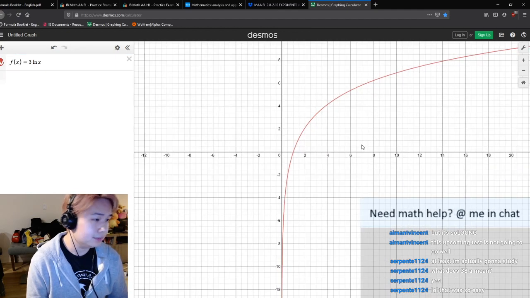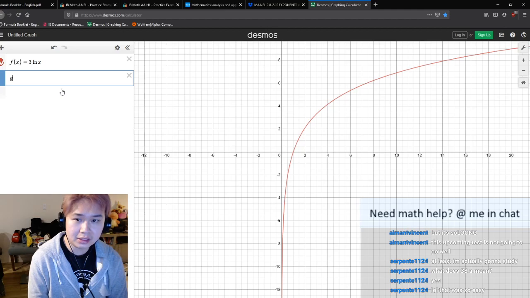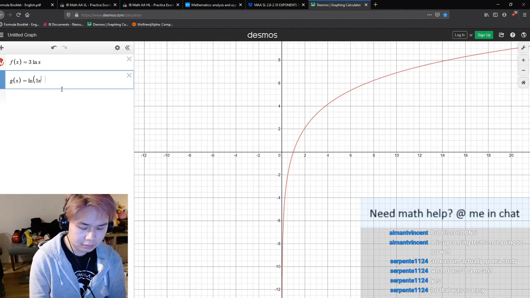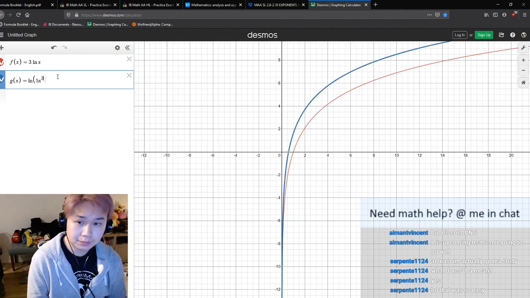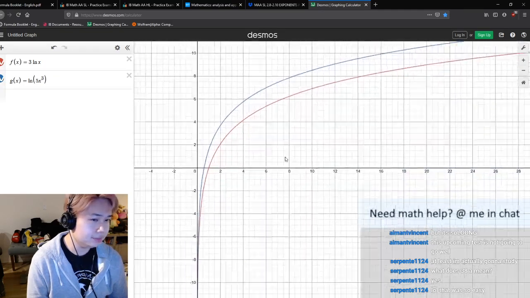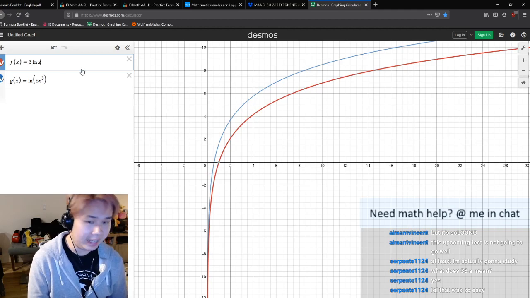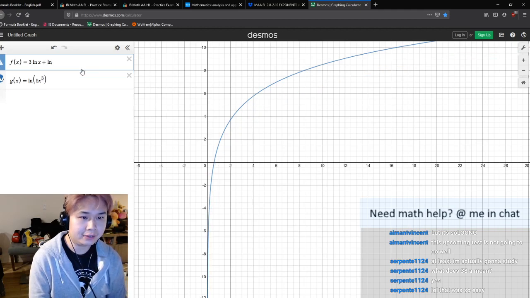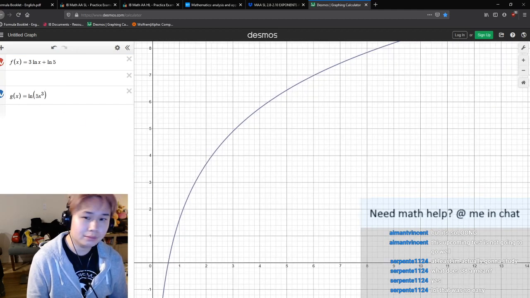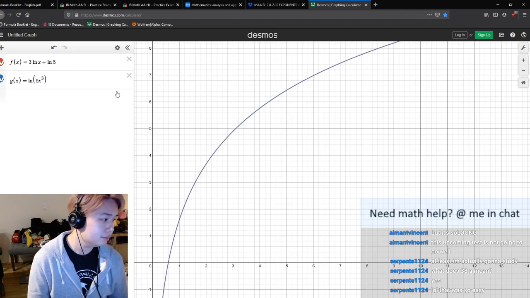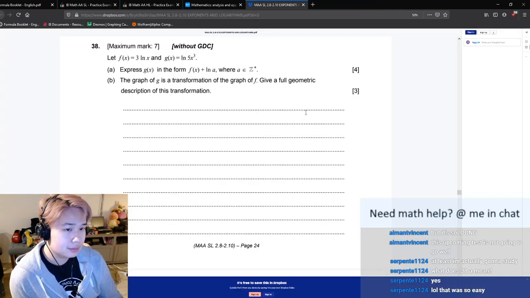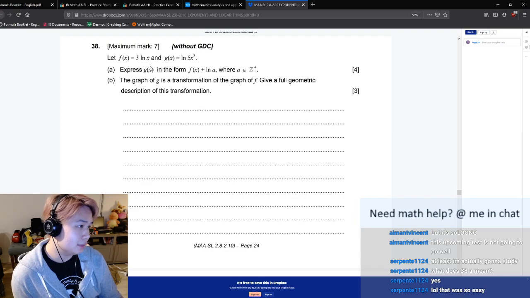Here's f of x, and here's g of x. Okay, and if I just add natural log 5, you see, now they're one and the same graph. Yeah, it's an easy question if you know what to do, but the hard part is knowing what you're trying to do.